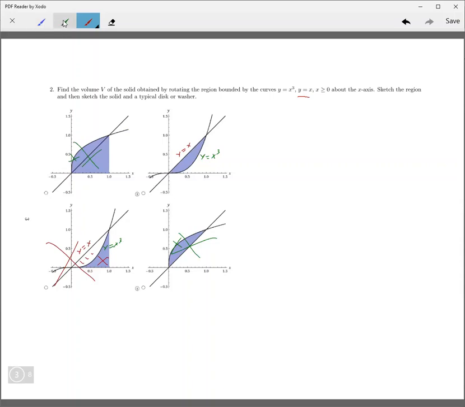Okay, now this is being revolved about the x-axis. It's being revolved this way. Okay, so what's going to happen is this line here is going to get revolved down to here, and this line here is going to get revolved out right here.